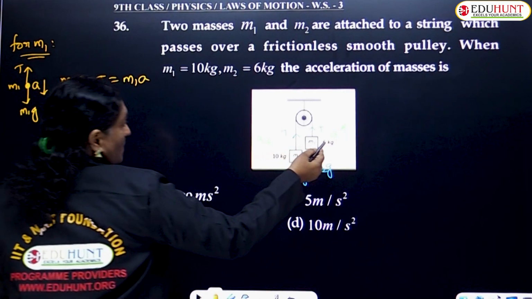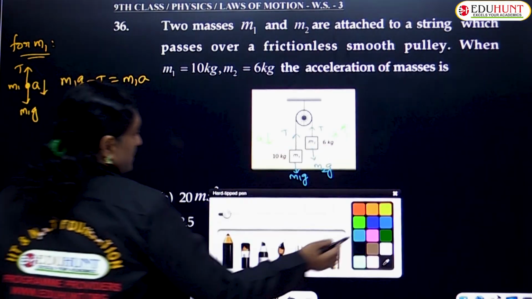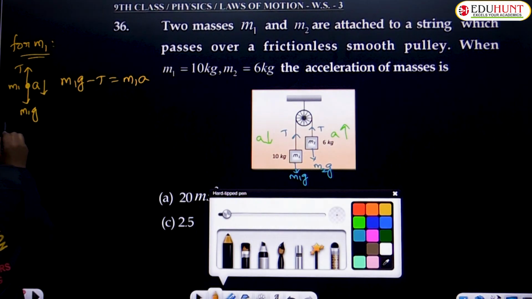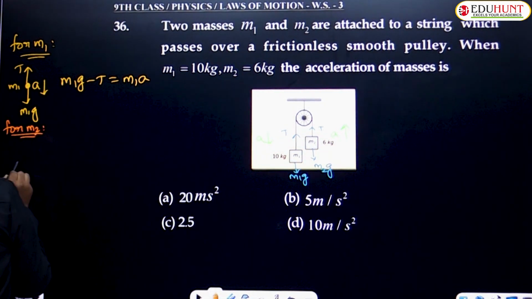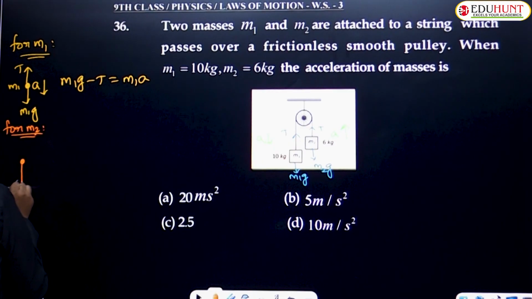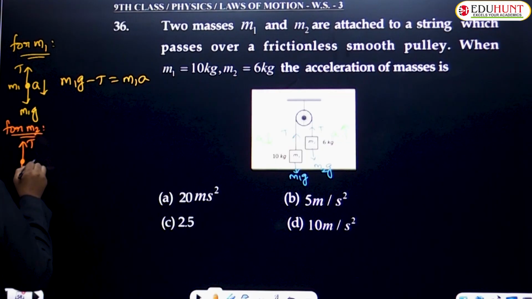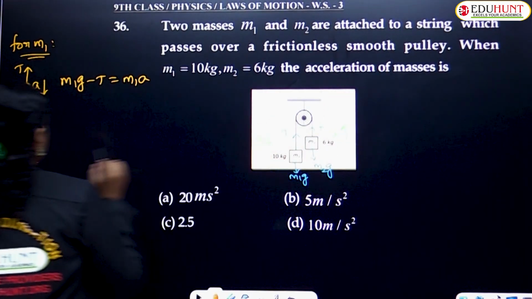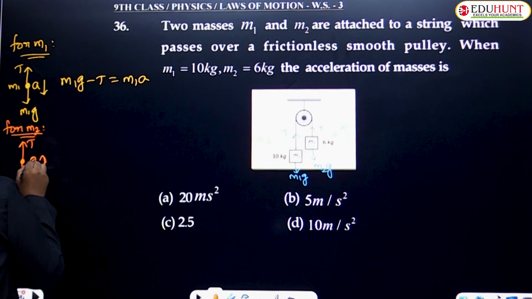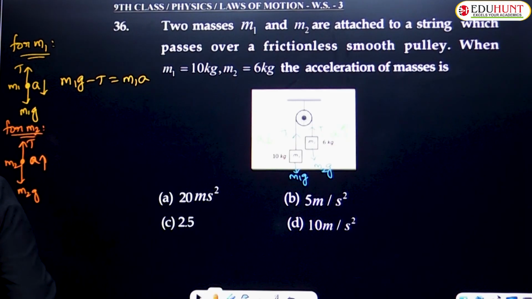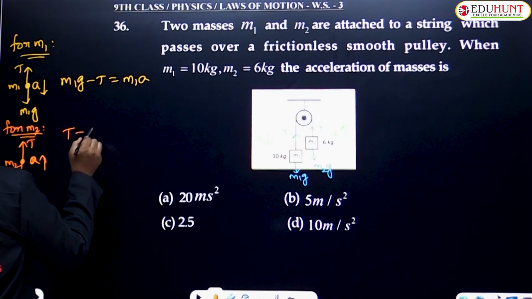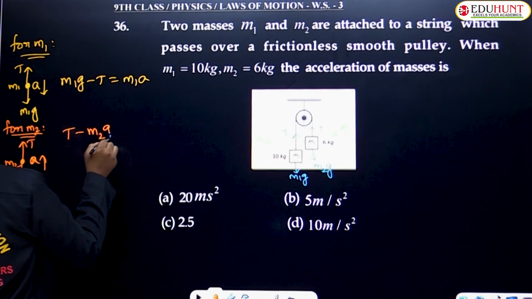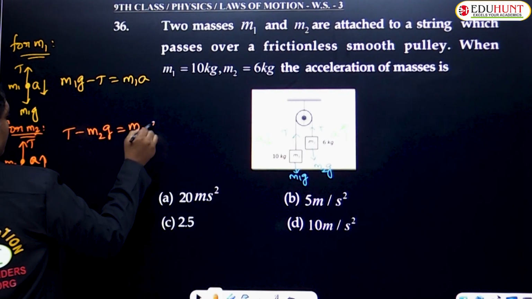That's it. If you observe the second case, that is for mass M2, if you write the free body diagram, M2g downwards, tension T upwards, whereas it is accelerating upwards. So when it is accelerating upwards, the equation of motion can be written as T minus M2g is equal to M2a.